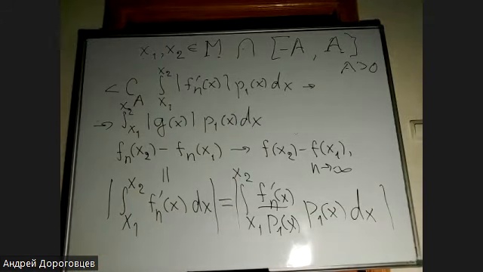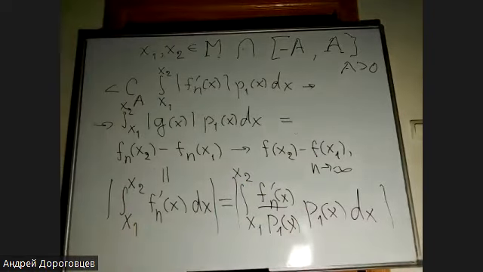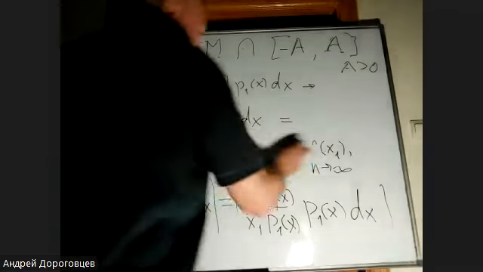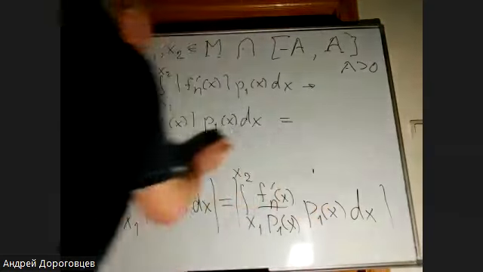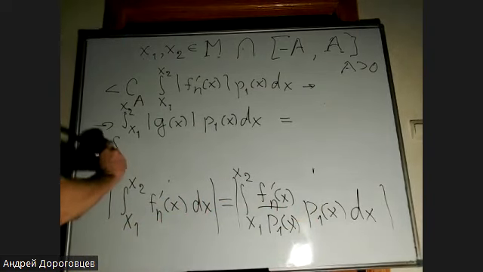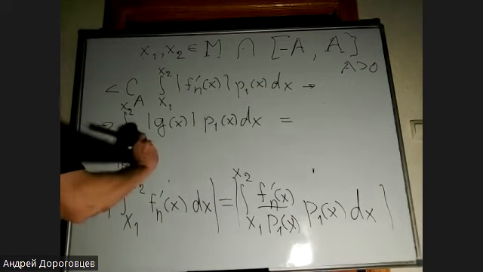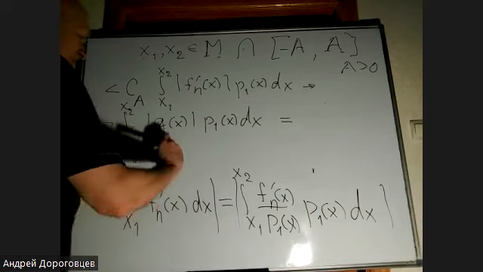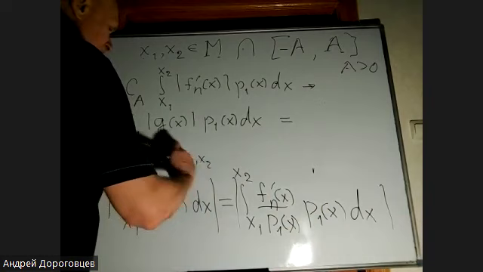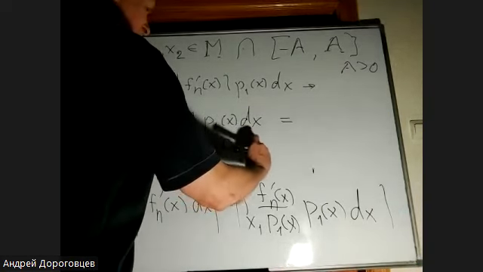Now I will say that this is equal to, unfortunately I have to erase this one, the integral over R of the absolute value of j of x multiplied by the indicator of the interval x1, x2 of x, times p1 of x dx.